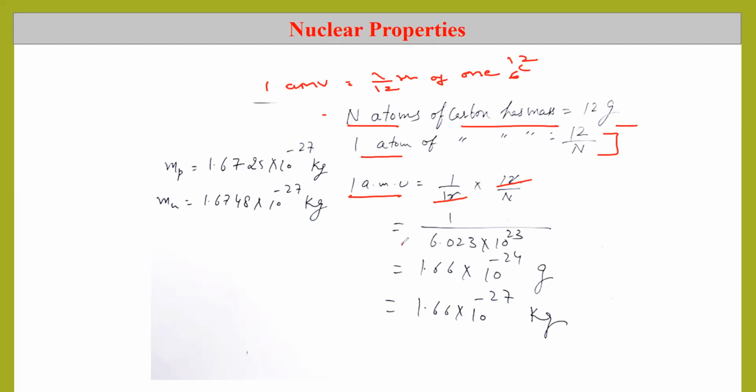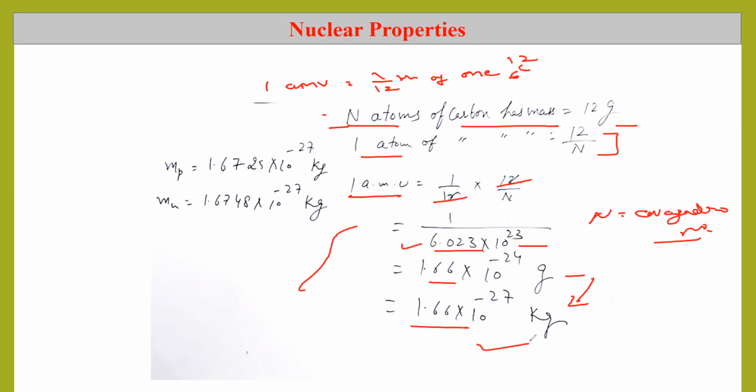Because we are considering N, Avogadro's number, which is 6.023 into 10 to the power 23. If we solve this, we will have 1.66 into 10 to the power minus 24 grams. Now if we convert it into kilograms, it becomes 1.66 into 10 to the power minus 27 kilograms.